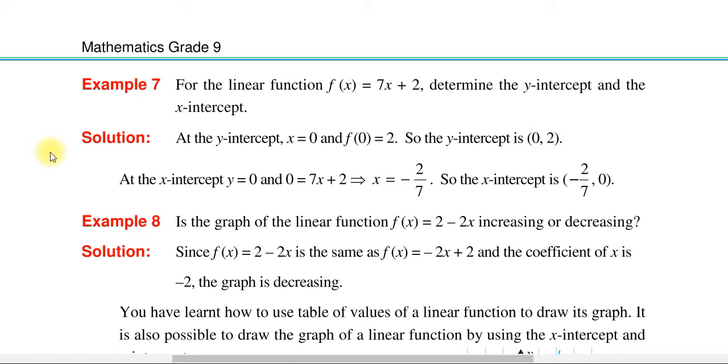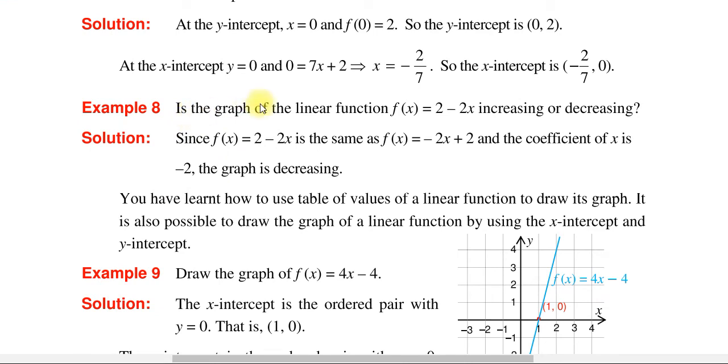To get the y-intercept, set the value of x to 0. To get the x-intercept, set the value of y to 0. So when y is equal to 0, 0 is equal to 7x plus 2, then x is equal to negative 2 over 7. (negative 2 over 7, 0) is the x-intercept, the point where the graph intersects the x-axis.